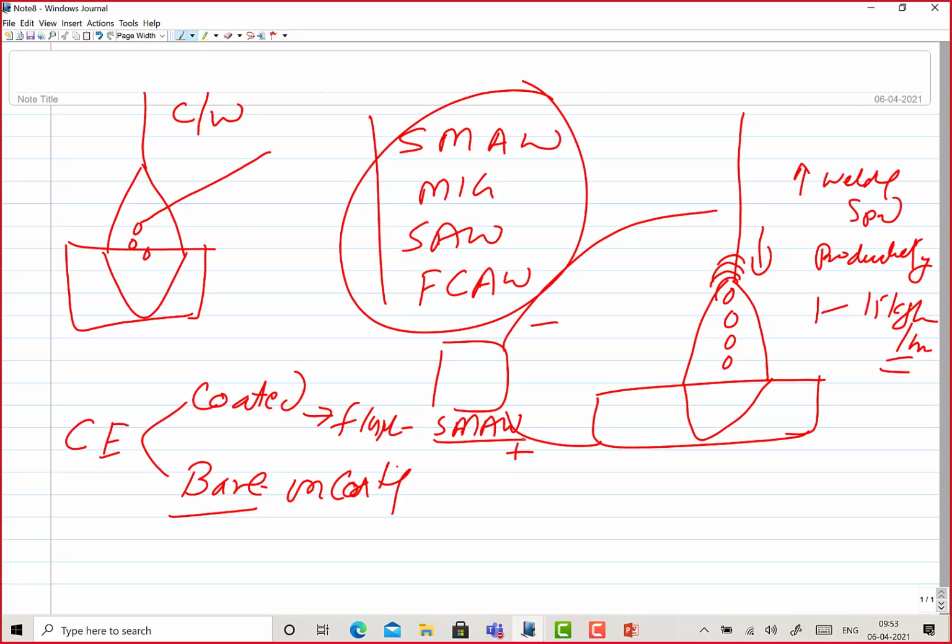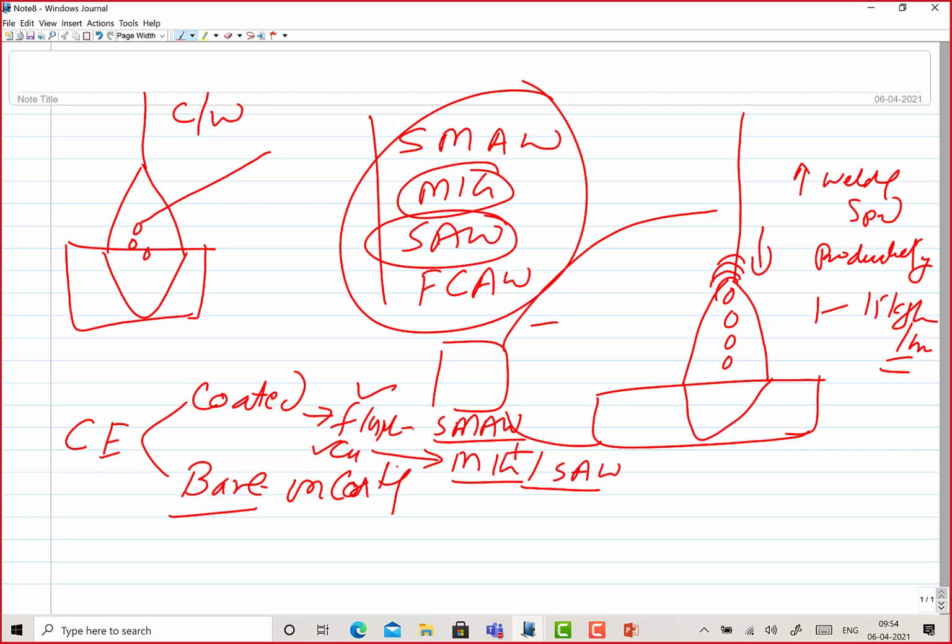While the electrodes used in the MIG process or submerged arc process are coated with copper to avoid corrosion and to make the electrode more electrically conducting. So MIG, metal inert gas, or submerged arc welding processes use a coating of copper.